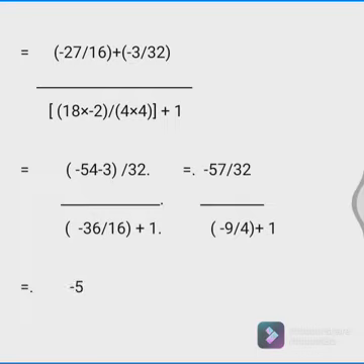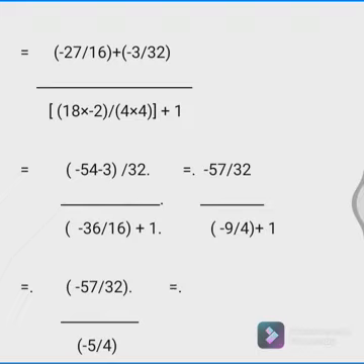So the numerator will remain as minus 57 over 32, while the denominator will be minus 5 over 4.